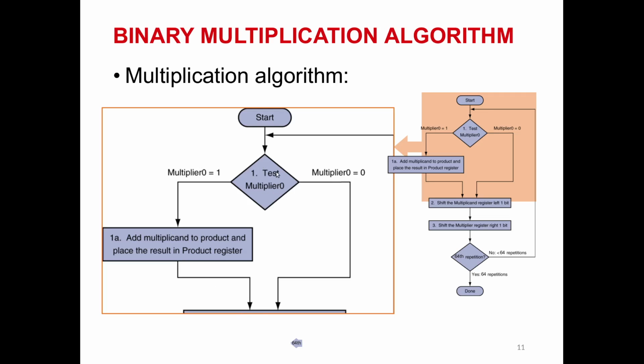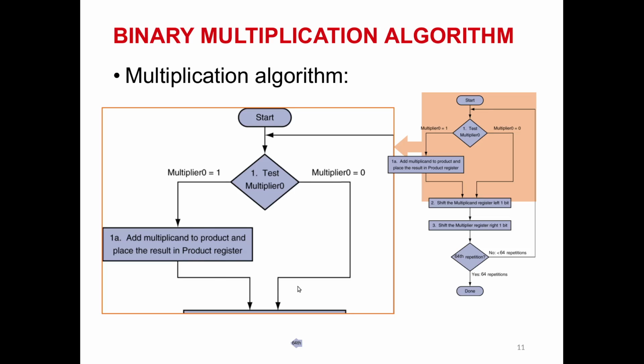If the multiplier is 0, we know that when the multiplier bit 0 equal to 0, it means we will multiply the multiplicand with 0 before adding together with the product.